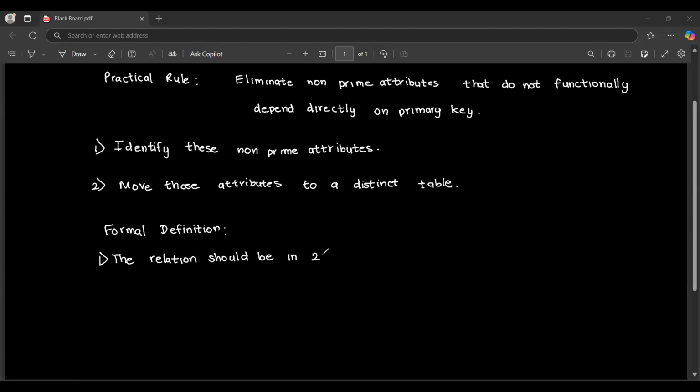If you have any doubts in 2NF, please watch the video on 2NF. And the second one, the relation shouldn't have transitive dependencies. That's all.